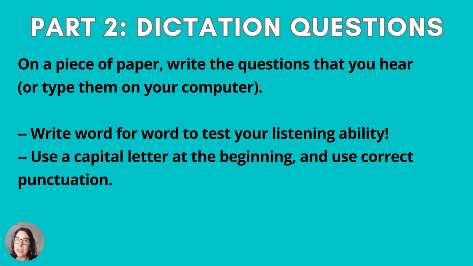So for the dictation questions, you're going to write word for word exactly what you hear. Don't forget to use a capital letter at the beginning and correct punctuation. Okay, so let's get started with the dictation questions. Number 1. What does the word dizygotic mean?